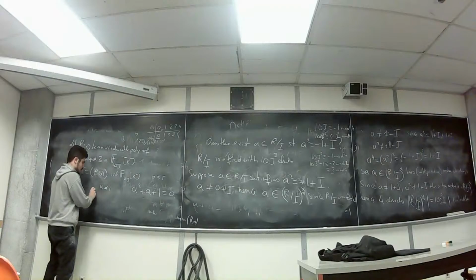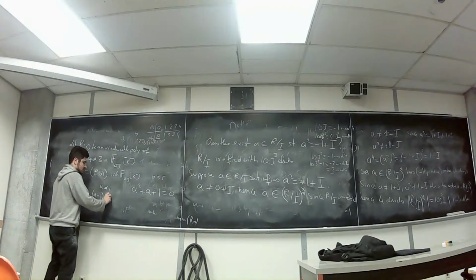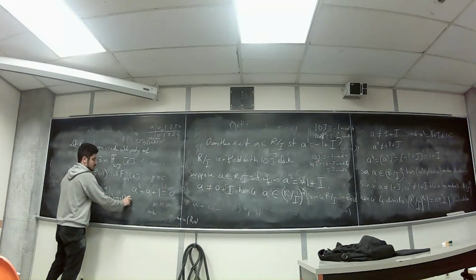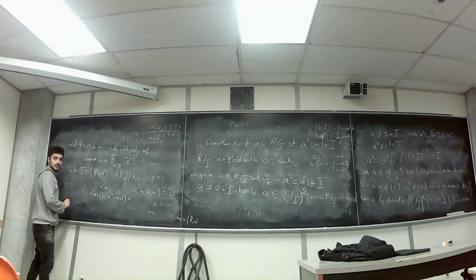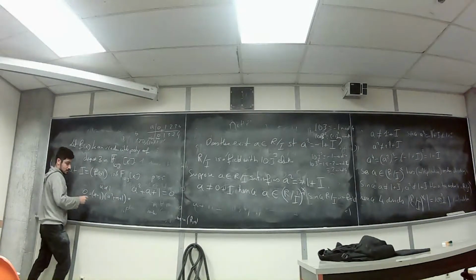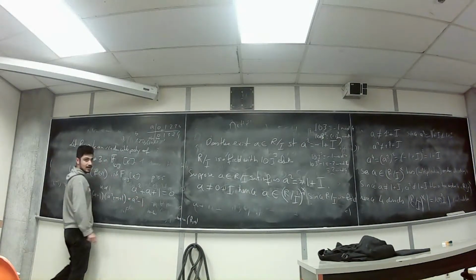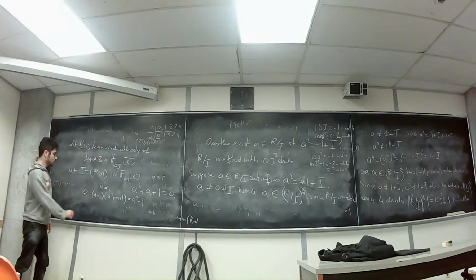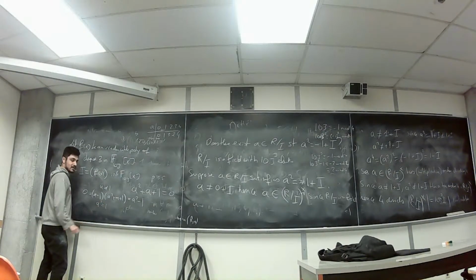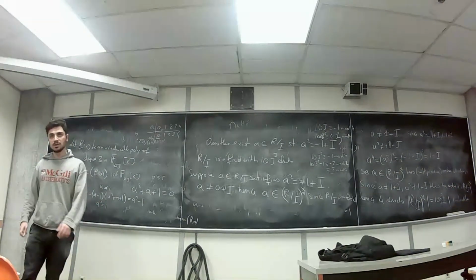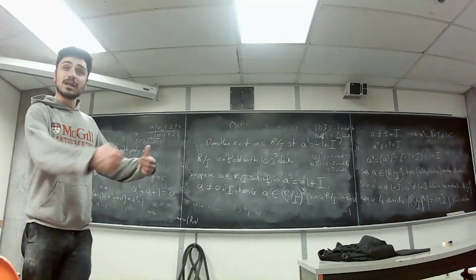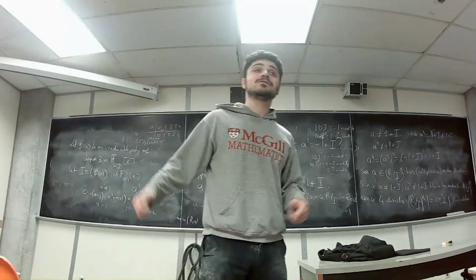Now multiply a minus 1 by a squared plus a plus 1. What do you get? This is 0, right? Because 0 times something is 0. Exactly. Okay. So a cubed is equal to 1. This means that a has multiplicative order dividing 3. But a is not 1. So a must have order 3.